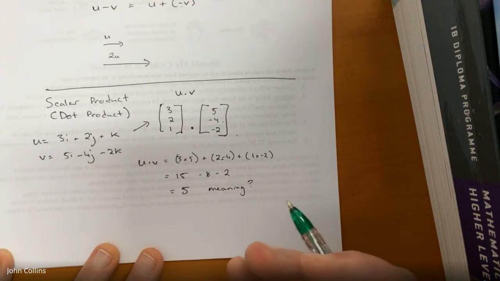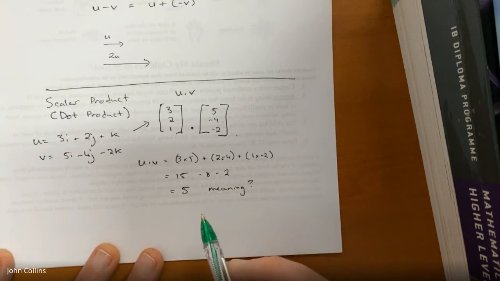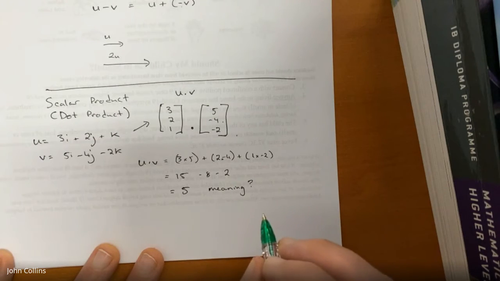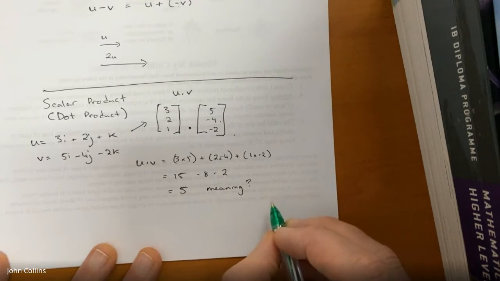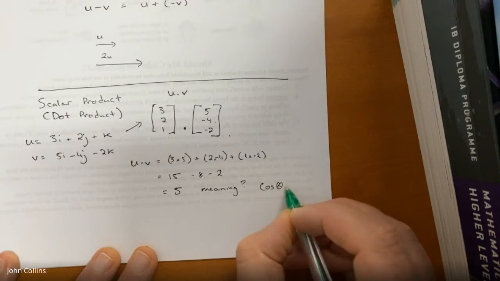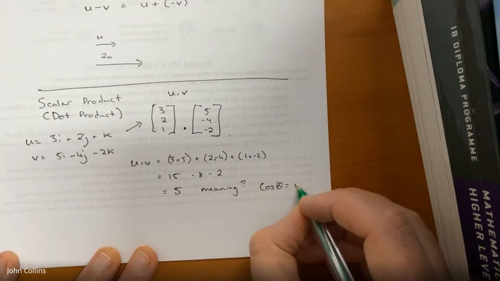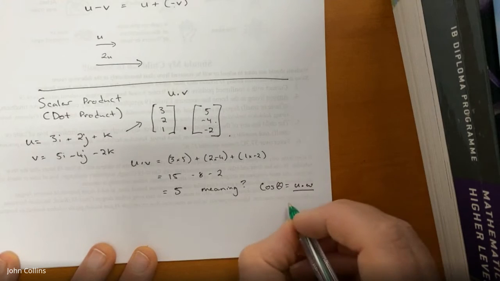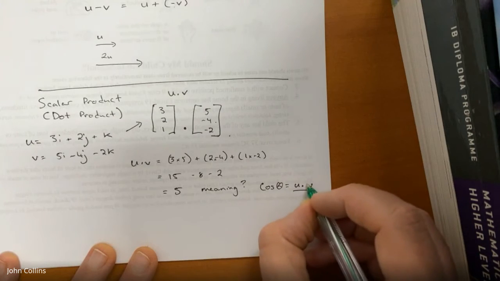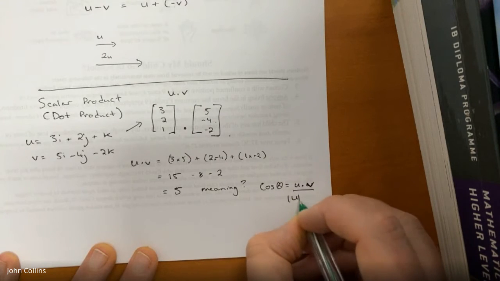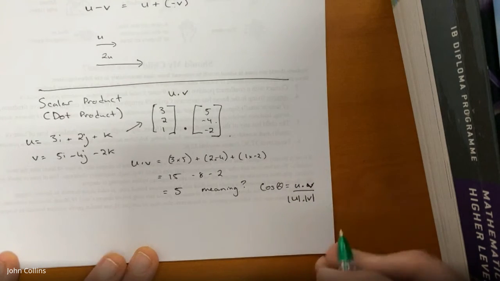If it is greater than 0, what does that tell us about the angle between U and V? Remember what that tells us? Don't remember, no. All right. It's based off the fact that cos theta, which is one of our formulas, is U dot V over the two magnitudes, U magnitude and V magnitude.